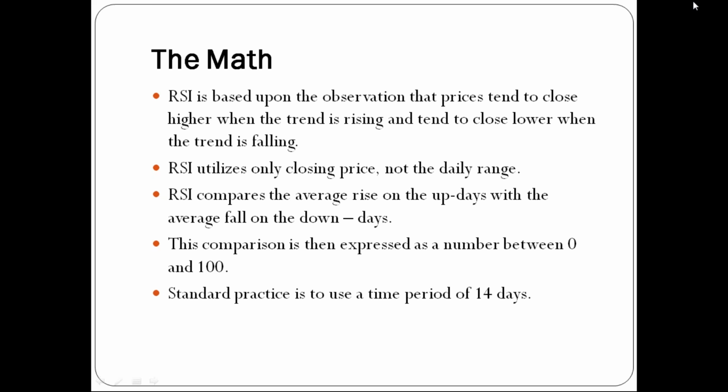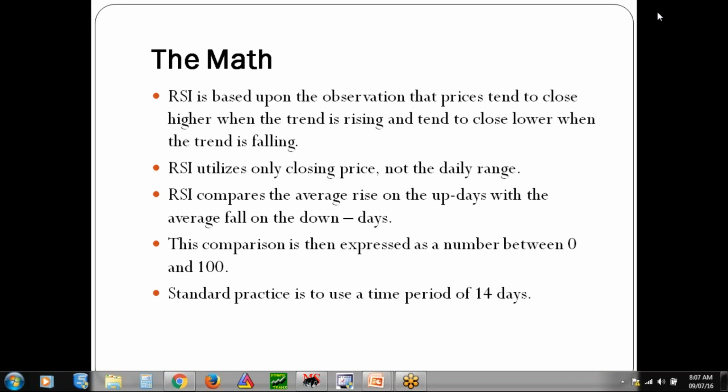This comparison is then expressed as a number between 0 and 100. Then, by using a formula and standardizing it, we make it a banded indicator, and we use it between 0 and 100. This high and low is a back calculation over 14 days, that means we look at the high and low of the last 14 periods.